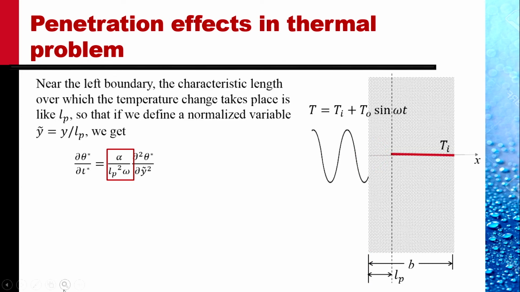Near the left boundary, the characteristic length over which the temperature change takes place is like Lp, a penetration distance.